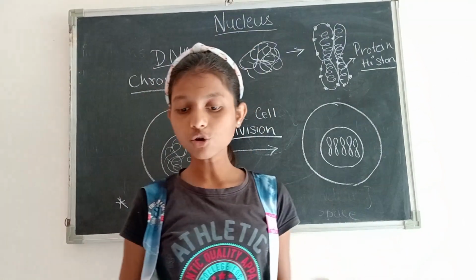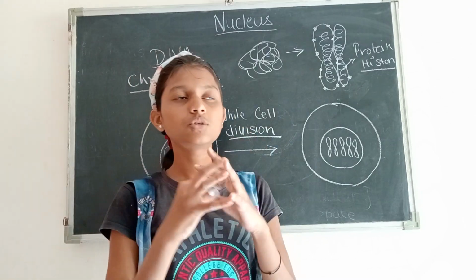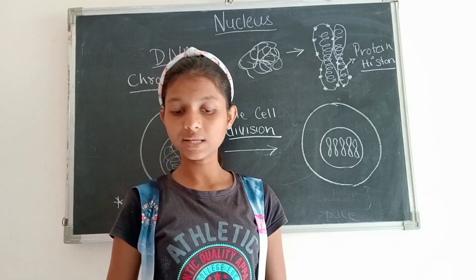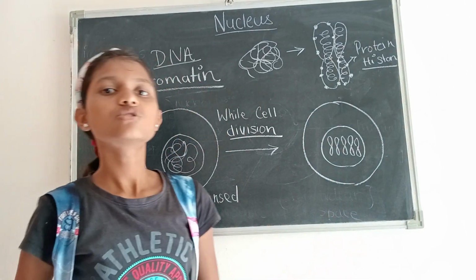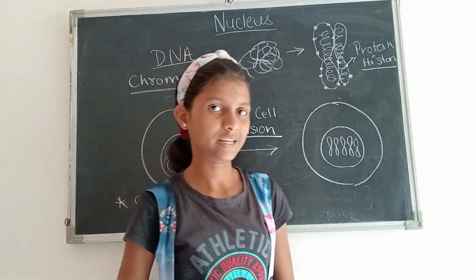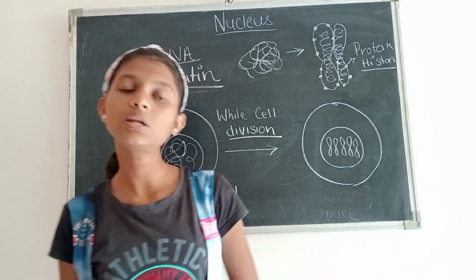Now, what is the use? It helps to pack DNA as shown here, so that while cell division there should be proper division of the DNA. So this was all the difference about chromatin, chromosomes and DNA.